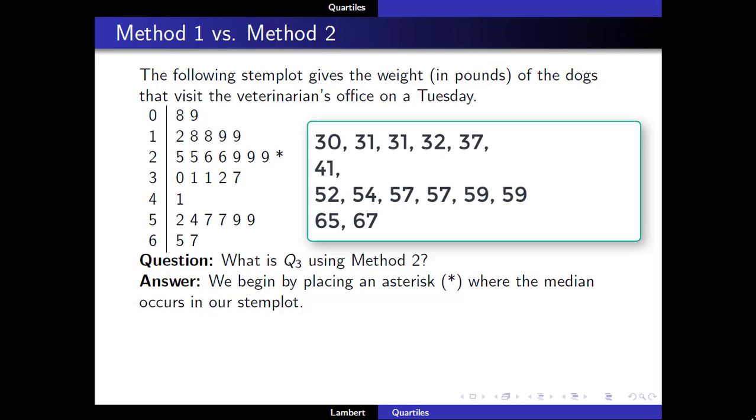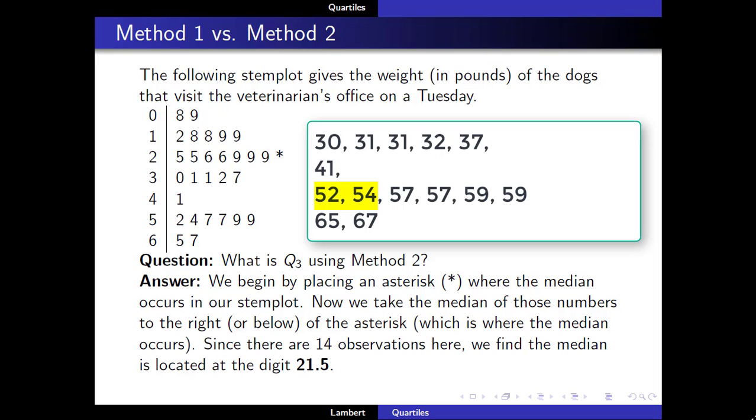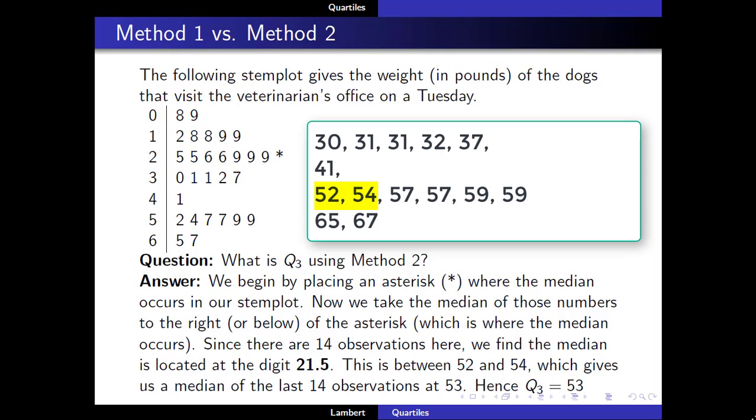Remember, it's still 14 of them, so it's going to be 7.5 to the right. So if you take 14 plus 7.5, that makes 21.5, which is where it will actually occur. That's between 52 and 54 once again, and we only want halfway this time. So that's going to give us a third quartile of 53.